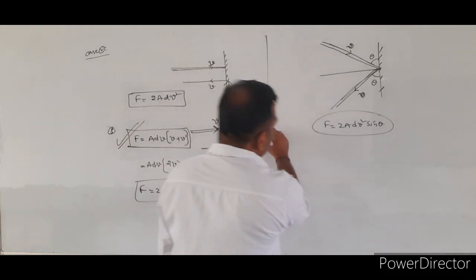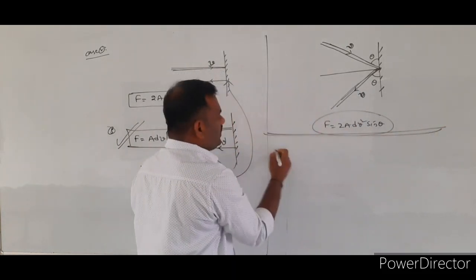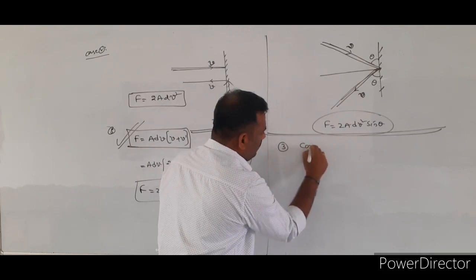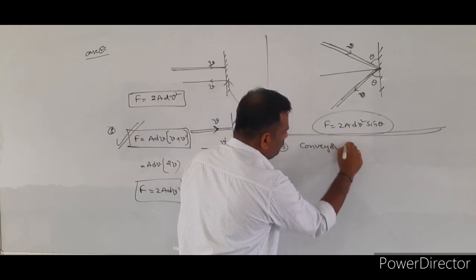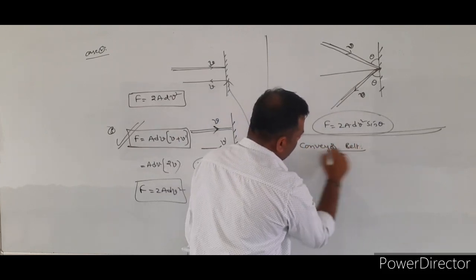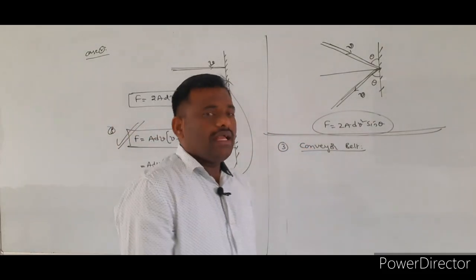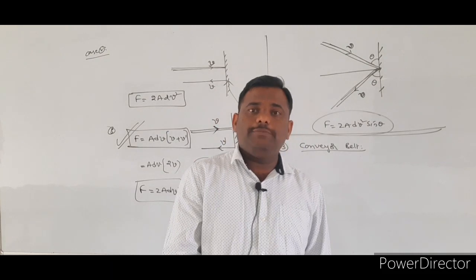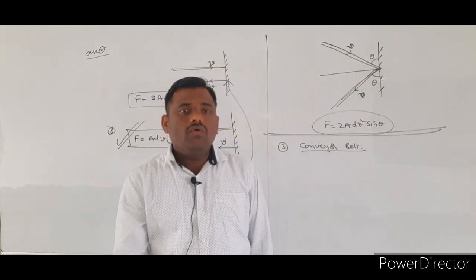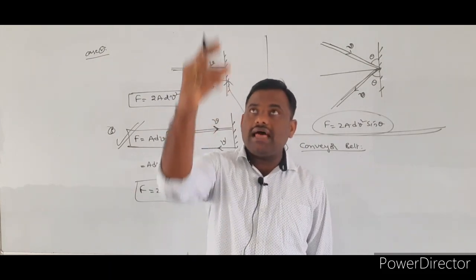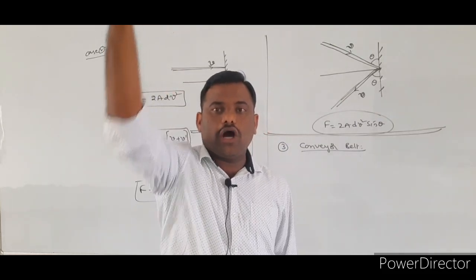Next, the third application is what? The third application, conveyor belt. Generally, at mines, we observe conveyor belts. Over that conveyor belt, gravel falls from the top.